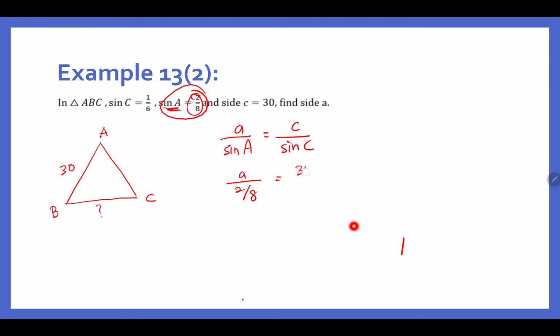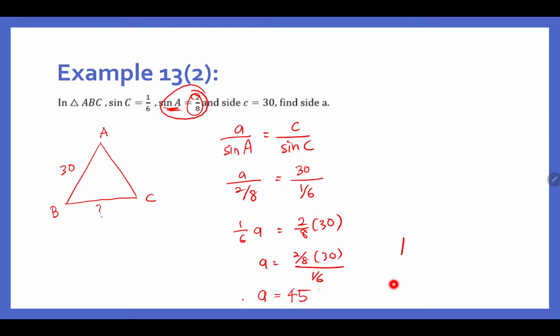And then c is 30 over sin C, which is 1 over 6. So a over 2 over 8 equals 30 over 1 over 6. So a equals 2 over 8 times 30 divided by 1 over 6. Then the answer for a is 45.